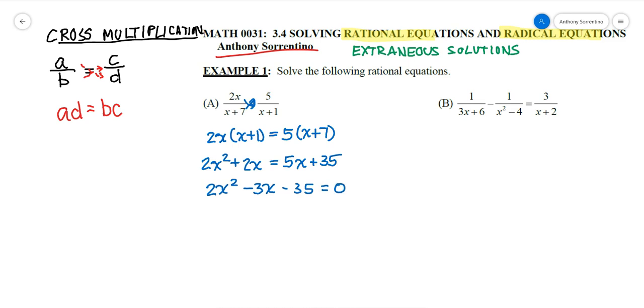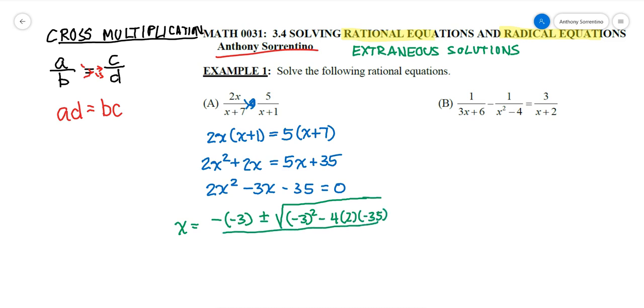And using the quadratic formula, x is going to equal negative negative 3 plus or minus the square root of negative 3 squared minus 4 times 2 times a negative 35, all over 2 times 2.